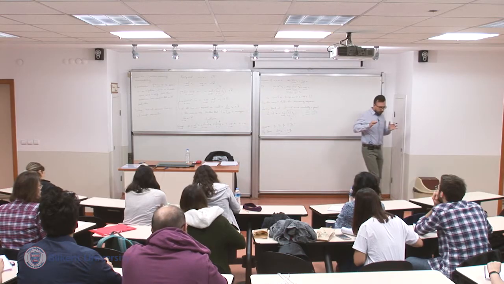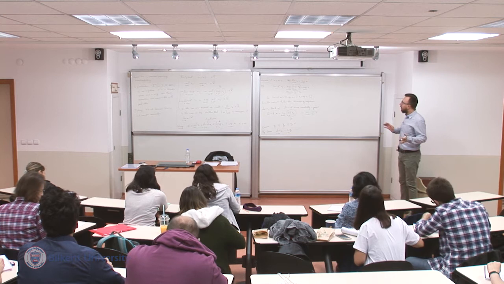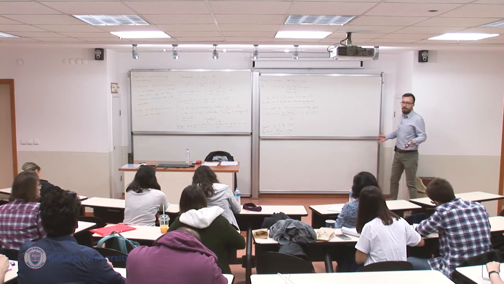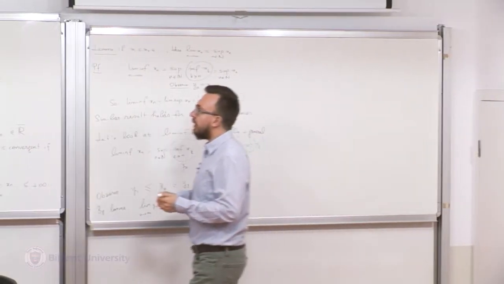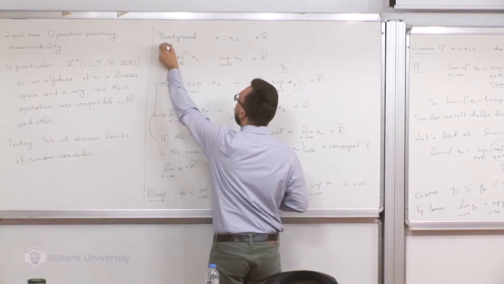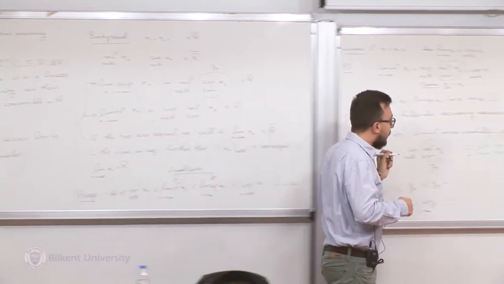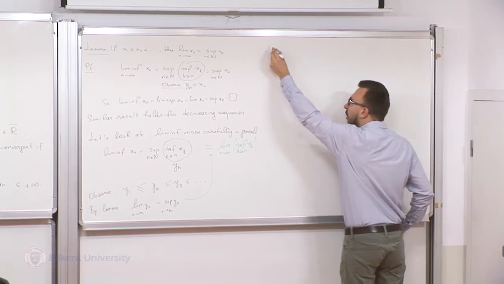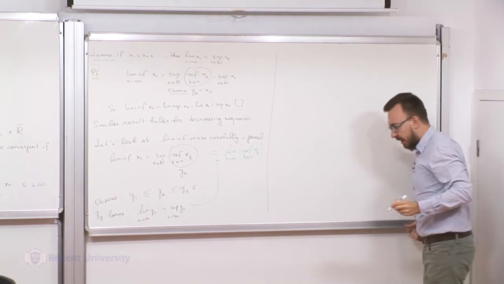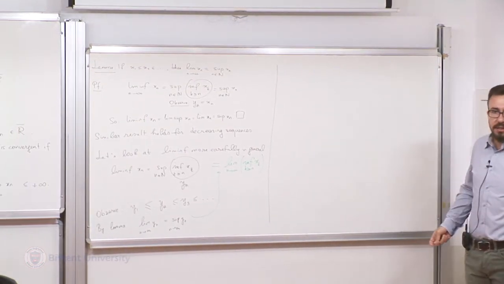So this is just background to make sure that we're on the same page about convergence of real numbers and extended real numbers. Okay? Now, we'd like to work with the limits of random variables.